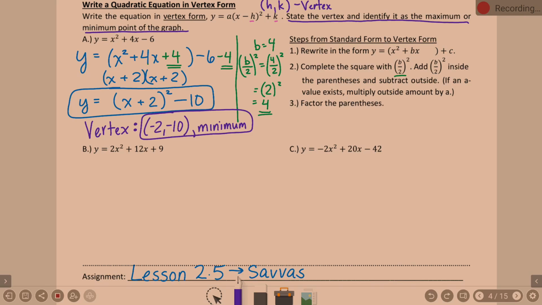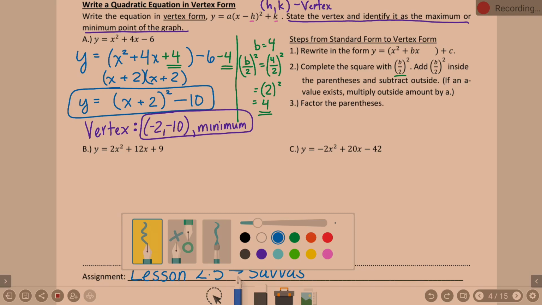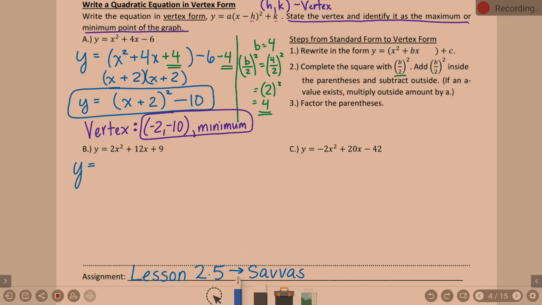So when we go to rewrite this, here's my start. y equals. In the parentheses is going to be x squared next, yes? So right now that's looking to be 2x squared and 12x.